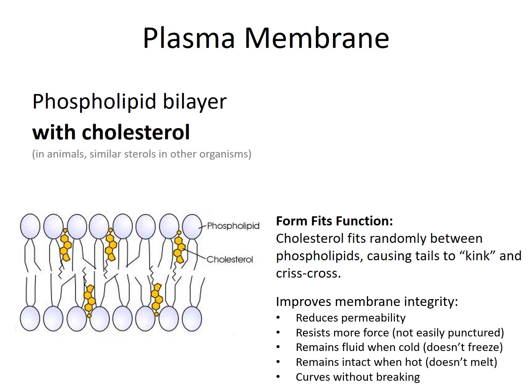And it remains intact when heated up to certain temperatures, so it doesn't melt as easily. All of this keeps the cell safe or the organelle safe because the plasma membrane can continue to exist and function in a wider range of temperatures. It also allows the plasma membrane to become more flexible, so it can curve around the spherical shaped cell without breaking.